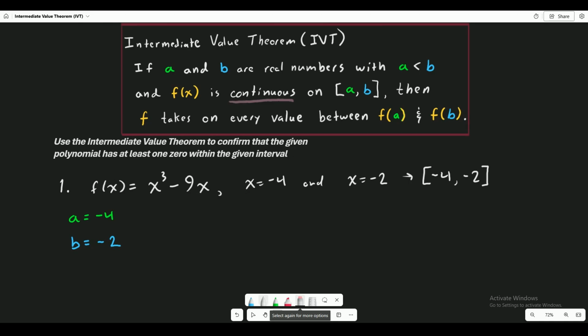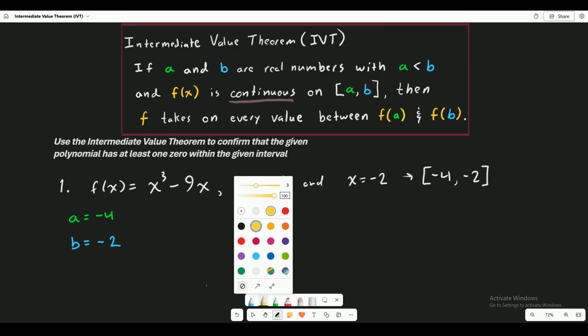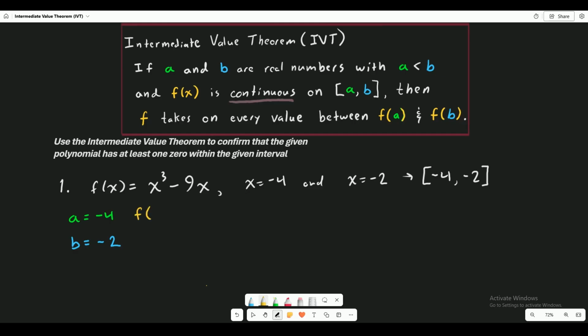Now, we have to solve what f of a is and what f of b is. So here I'm going to solve what f of a is. So f of -4 is equal to, well, we have our function right here, -4 to the power of 3 minus 9 times -4.